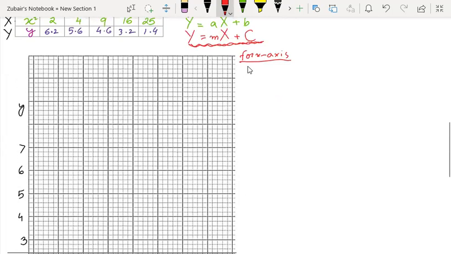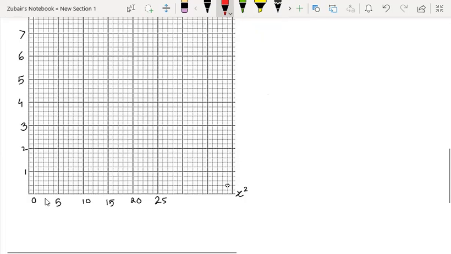So one small block is 1 unit. I write here small block, and this one is 1 unit. Why? Because this is quite easy. 5 small blocks.